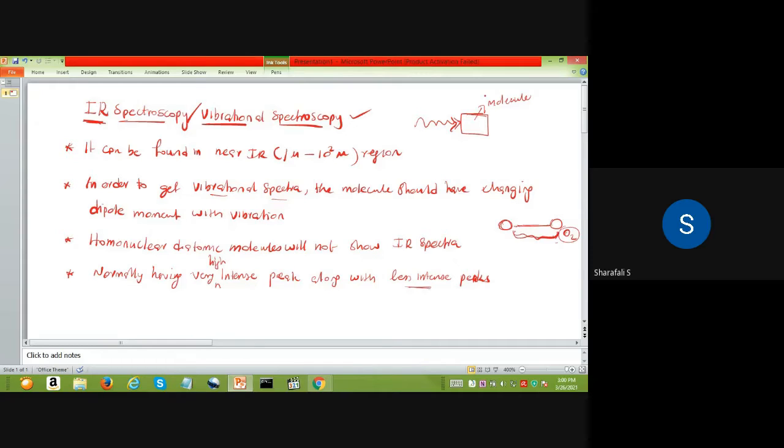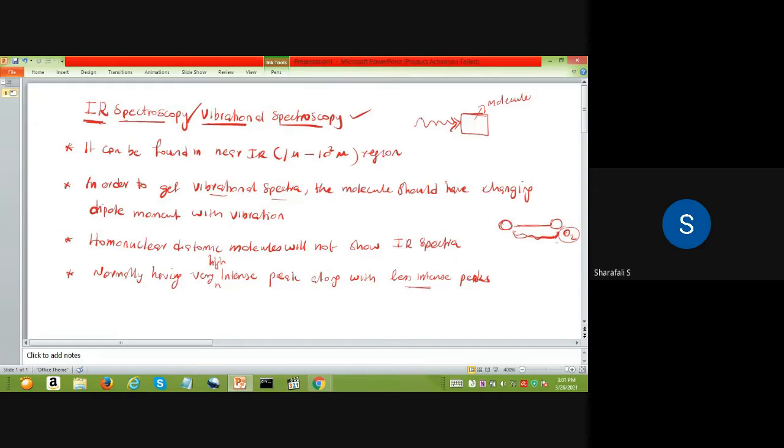If a molecule which is rotating comes down to its energy level from a higher excited energy level, then it will emit radiation in the microwave range that we discussed in the last session. But in this case, we are considering the vibration of molecules instead of rotation.